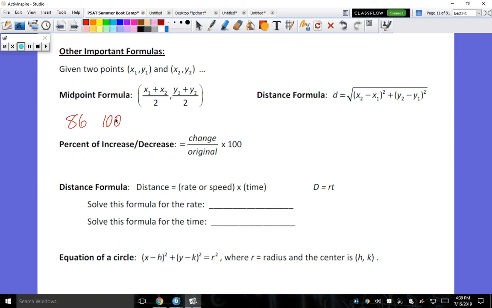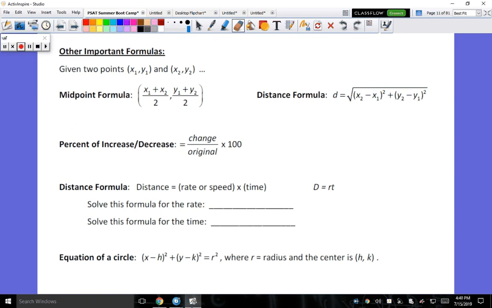Add them, divide by 2. So 186 divided by 2. 93. Okay, so the midpoint is the average. Don't overcomplicate it. Don't do too much work. Refine and change it up just a little bit. That's a lot easier, especially with the way they give you stuff, guys.